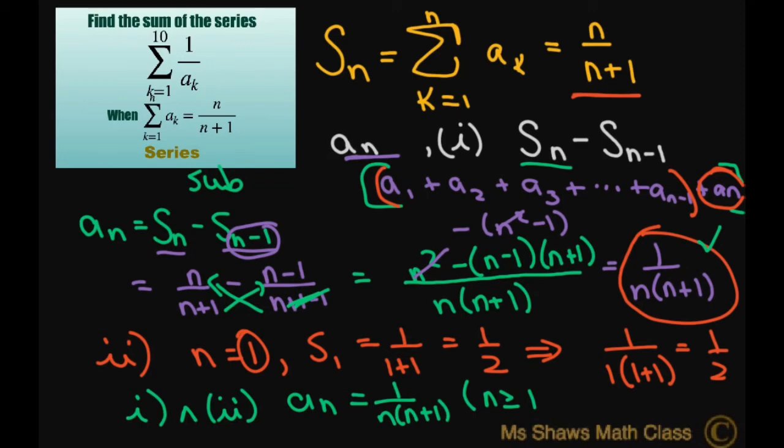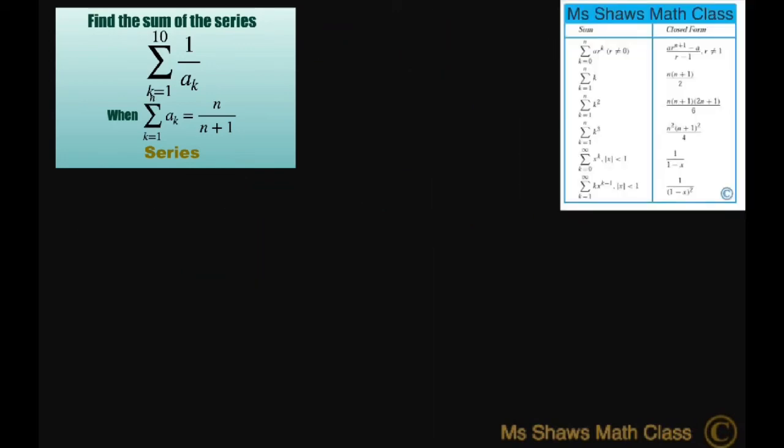All right, now that we have that, we can do the sum. So let's do that, and we're looking at this one now. The sum from k equals 1 to 10 of 1 divided by a sub k. All right, so this is going to equal the sum of k equals 1 to 10.